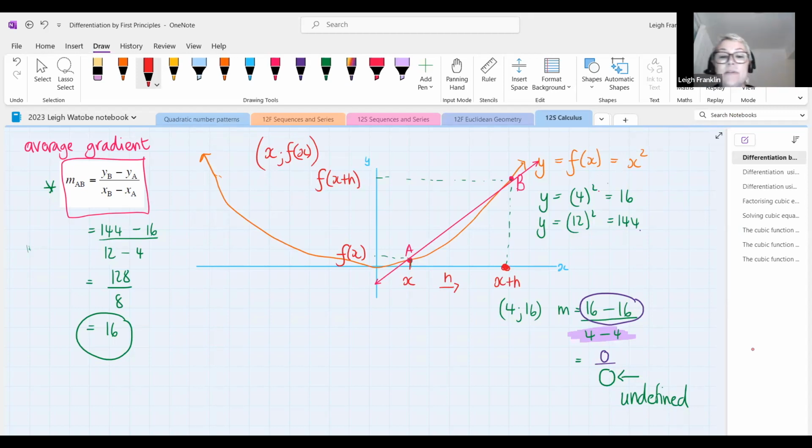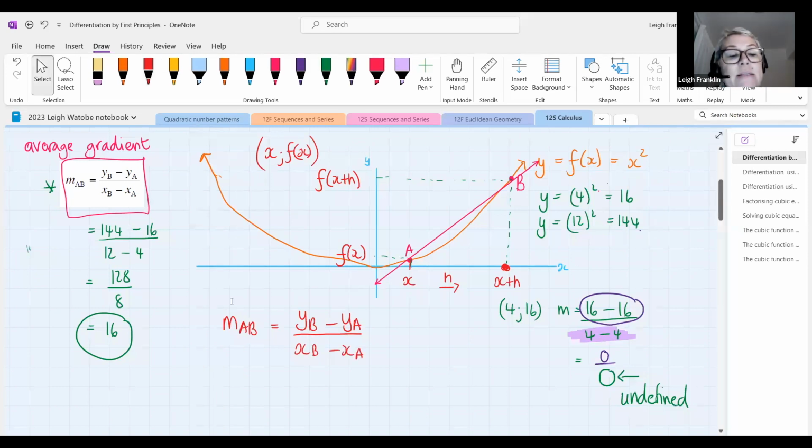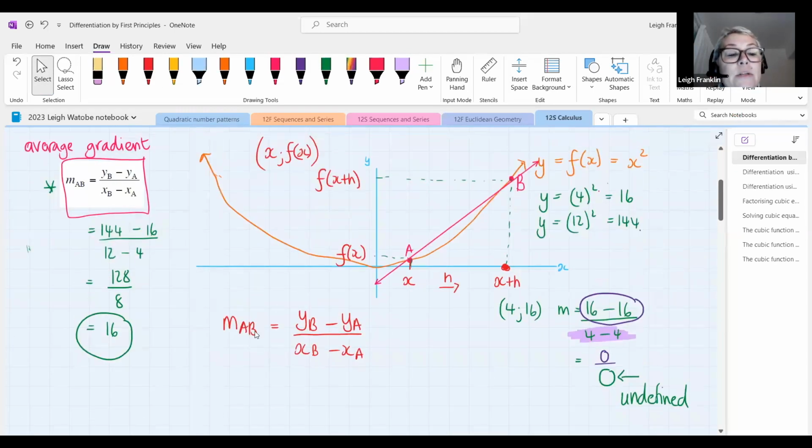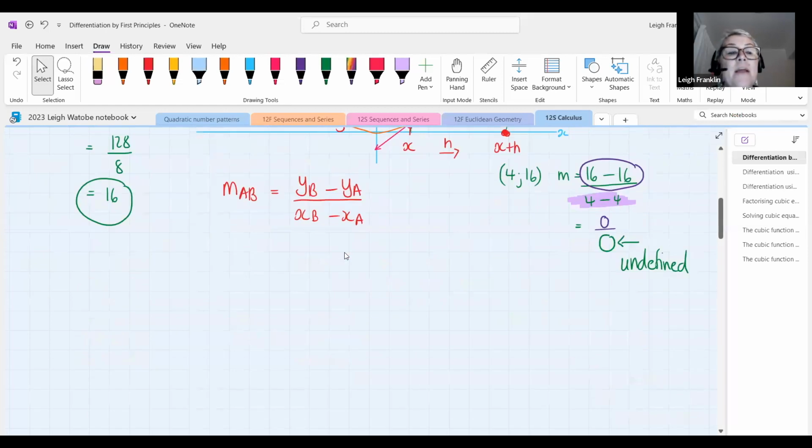Now they said, we want to work with gradient. We want the gradient at a particular point, at A. So if I sub into the gradient formula, I would have the y at B minus the y at A, over the x at B minus the x at A. Instead of calling gradient m, they created a new way of writing gradient.